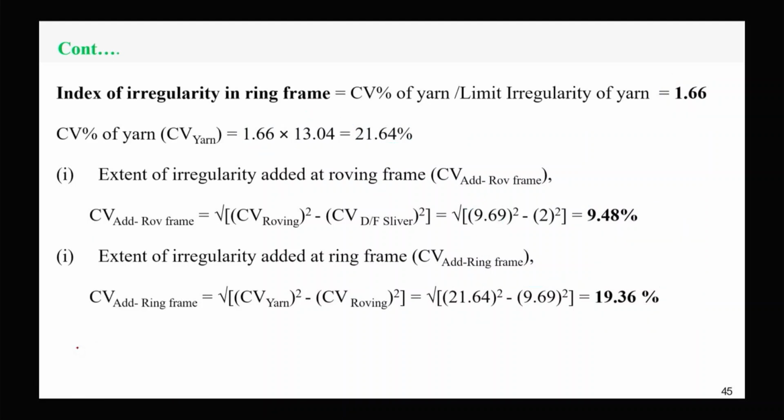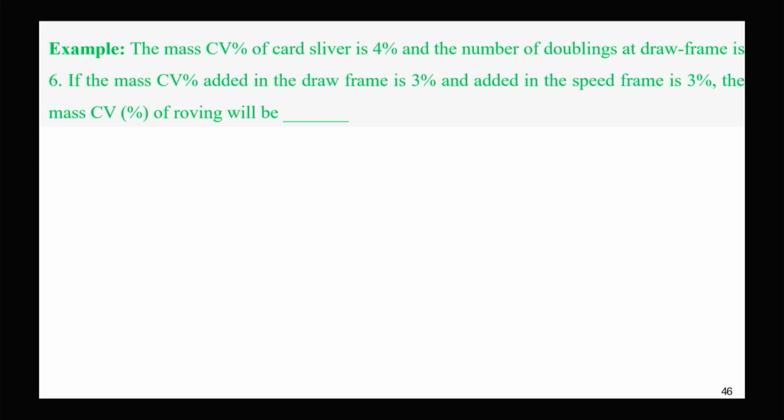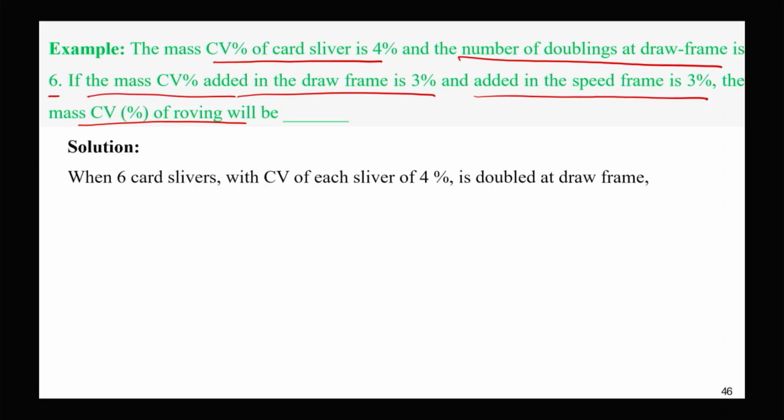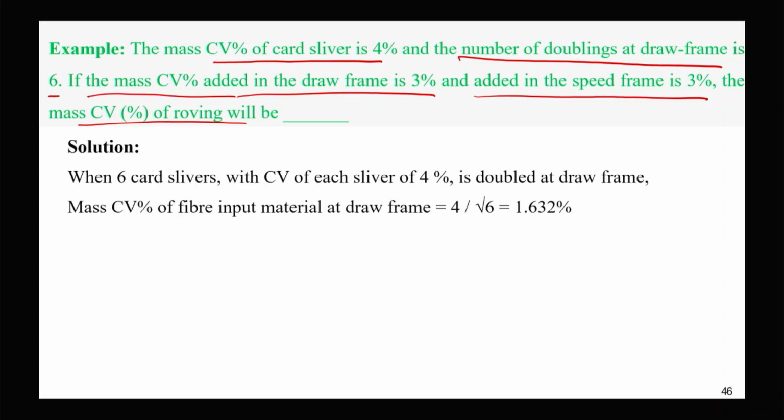Okay. Now the next numerical is: the mass CV percent of card sliver is 4%. Number of doublings at the draw frame is 6. If the mass CV percent added at the draw frame is 3%, and added in the speed frame is 3%, find the mass CV of roving. This type of numerical we have already done, so we will not discuss it in detail.